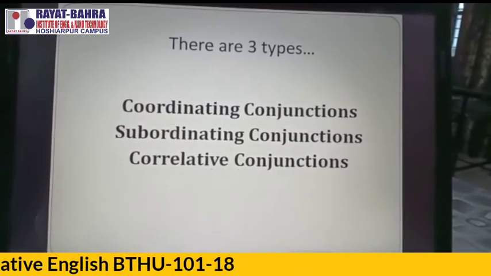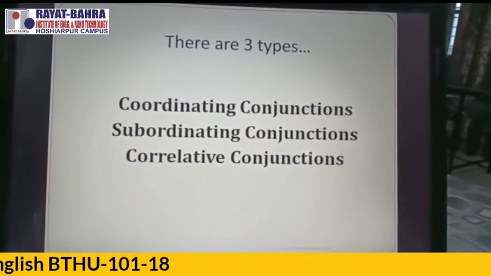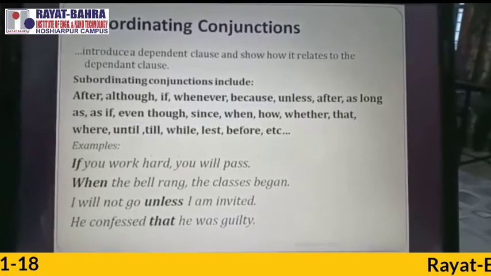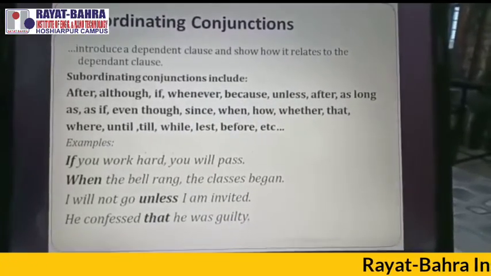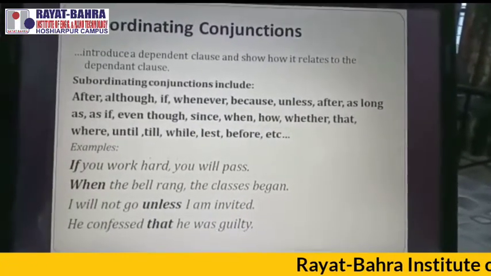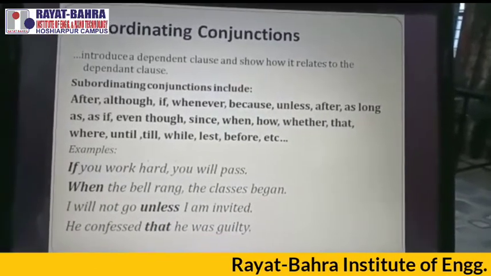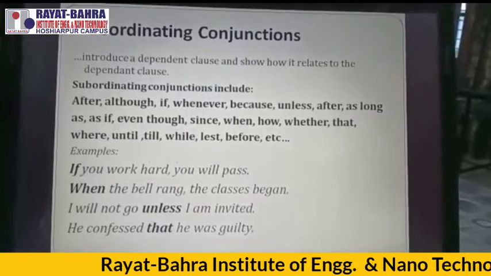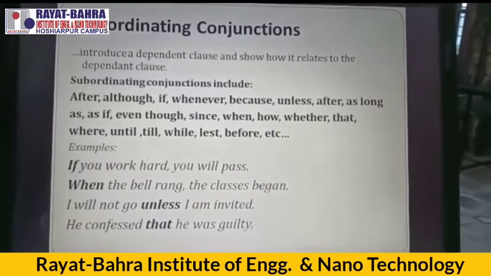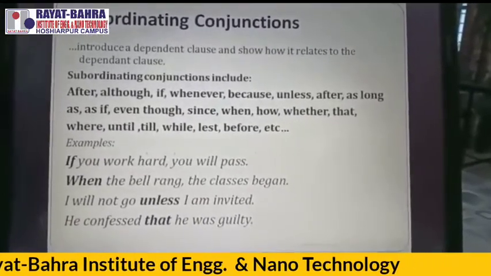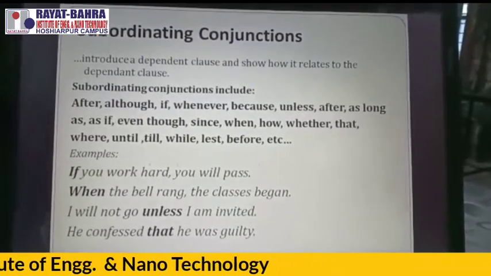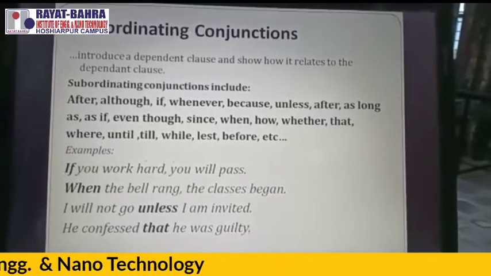Since we are doing complex sentences, I will tell you what subordinating conjunctions are. This is a list of subordinating conjunctions. Subordinating conjunctions connect two clauses, one independent, another dependent. So all these words are subordinating conjunctions, and wherever you find these words used as connecting words, there is a clear indication that these are complex sentences.